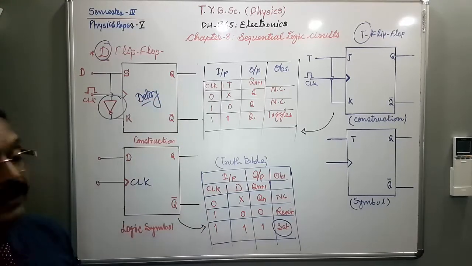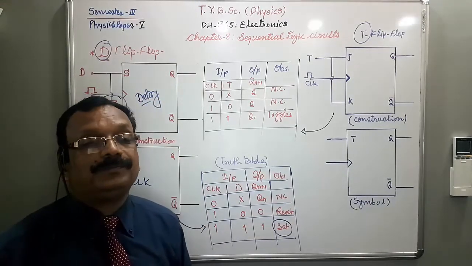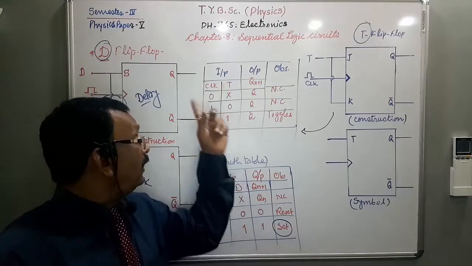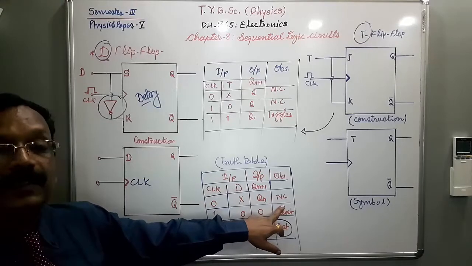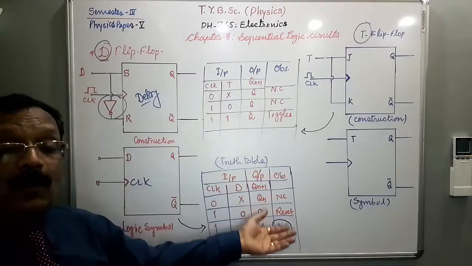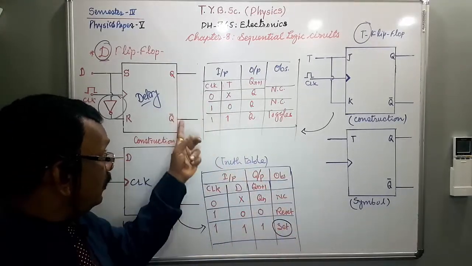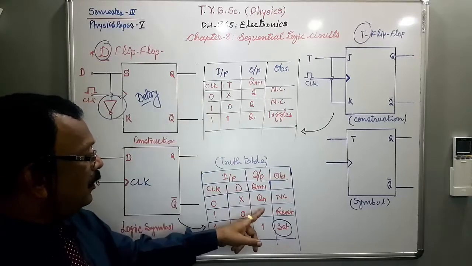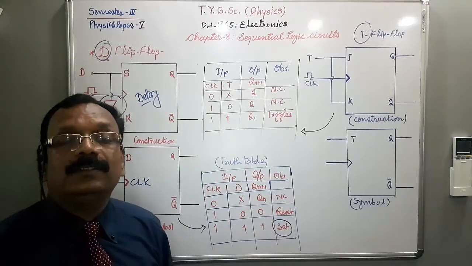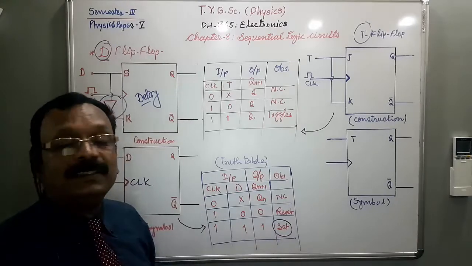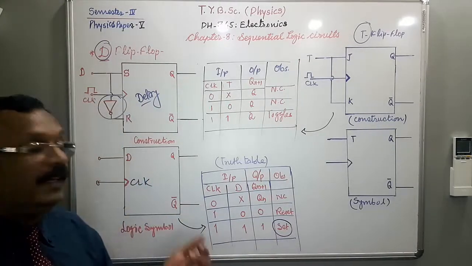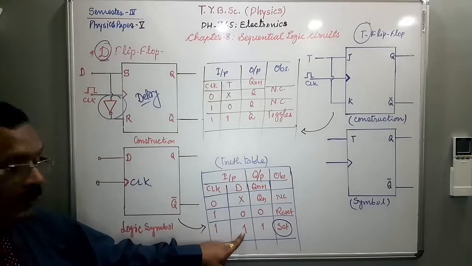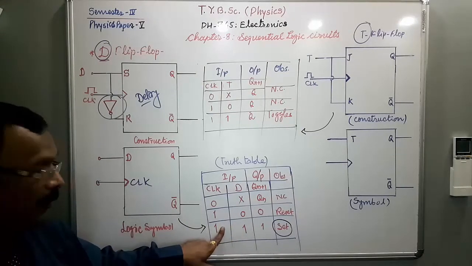When R is equal to 1, Q bar is equal to 1 and Q is equal to 0. When Q is equal to 0, the flip-flop is reset. On the other hand, when D is equal to 1, the clock pulse must be high.